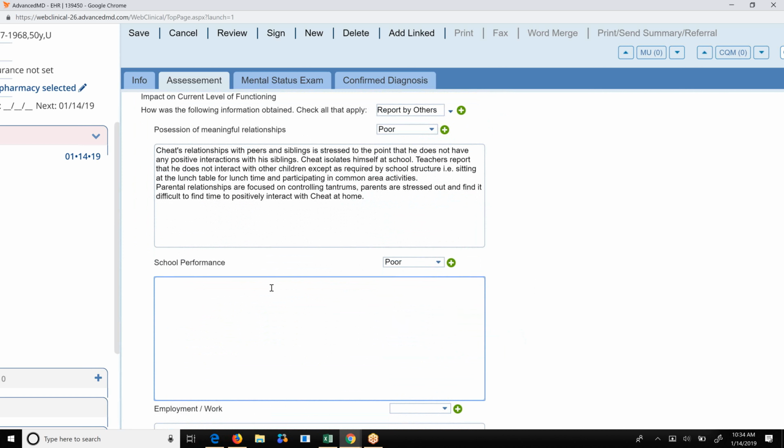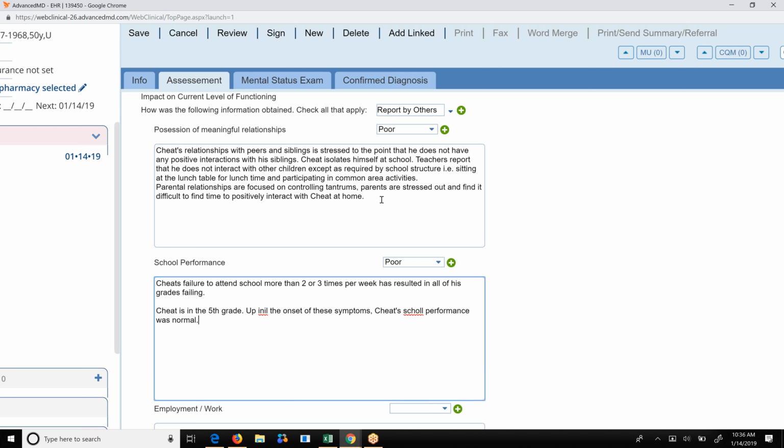Cheat's relationship with peers and siblings is stressed to the point that he does not have any positive interactions with his siblings. Cheat isolates himself in school. Teachers report that he does not interact with other children except as requested by school structure, sitting at the lunch table for lunch, and participating in common area activities.